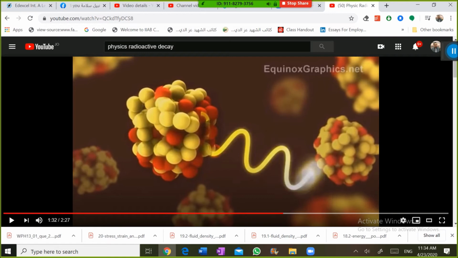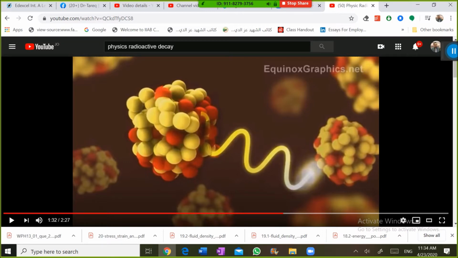After emitting alpha or beta, it mostly becomes excited. Excited means this nucleus has high energy. In order to release this energy and become more stable, it will release it as electromagnetic radiation, which is called gamma ray.